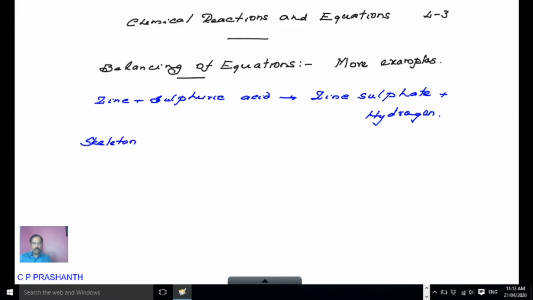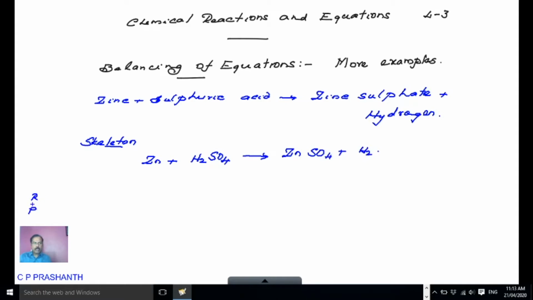So we are writing the skeleton equation now. Zinc is Zn, sulfuric acid is H2SO4, and product is ZnSO4 plus hydrogen is H2.